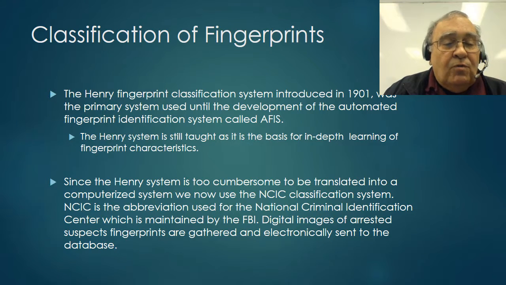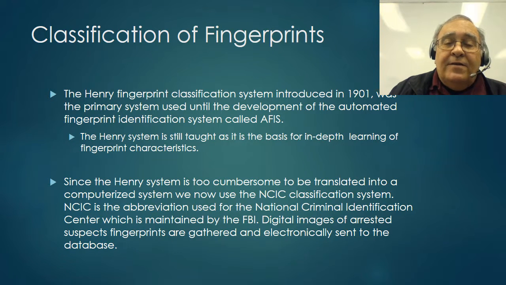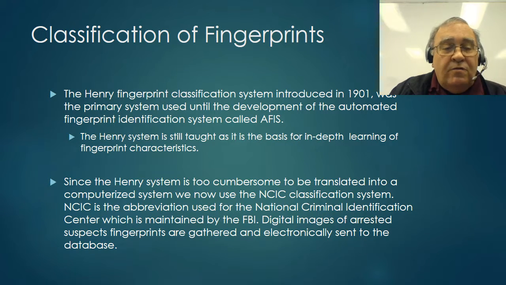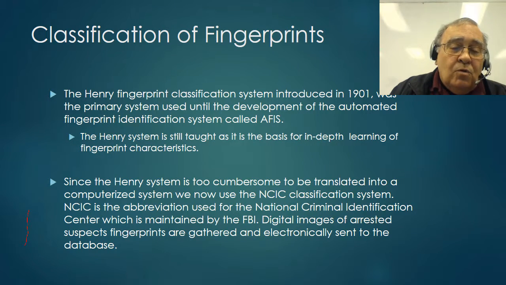The Henry system remains as the foundation for in-depth learning of fingerprint characteristics. That's why you've been taught it in your lower level classes. But the Henry system, as we talked about earlier, is very cumbersome and was difficult to translate into the digital world.